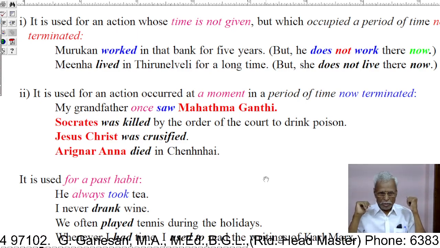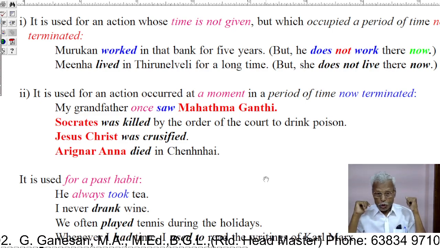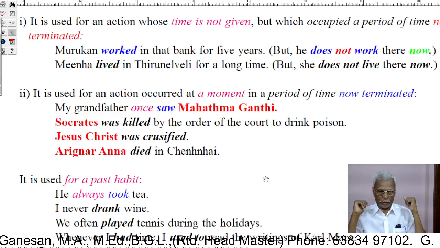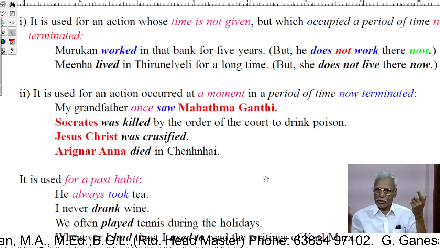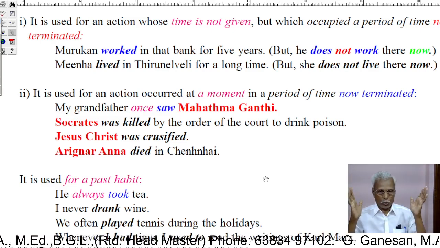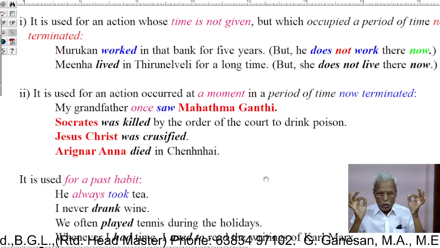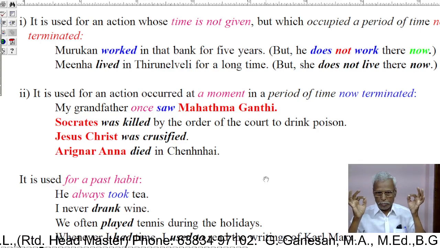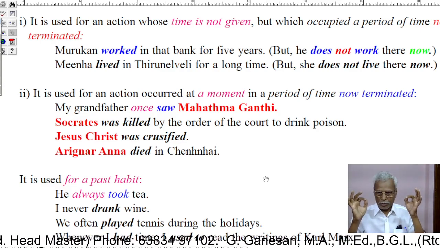You see, my grandfather once saw Mahatma Gandhi. My grandfather once upon a time saw Mahatma Gandhi. Socrates was killed by the order of the court to drink poison.